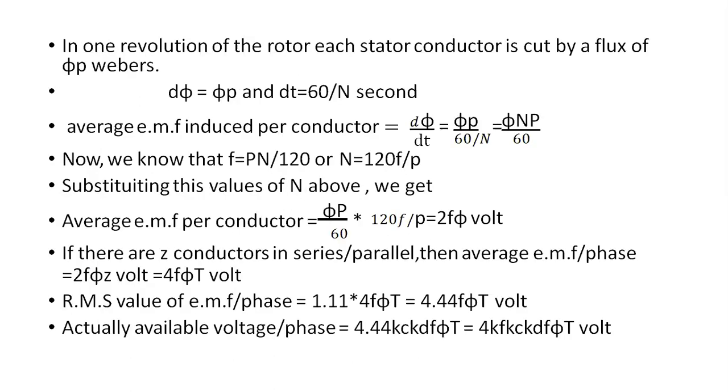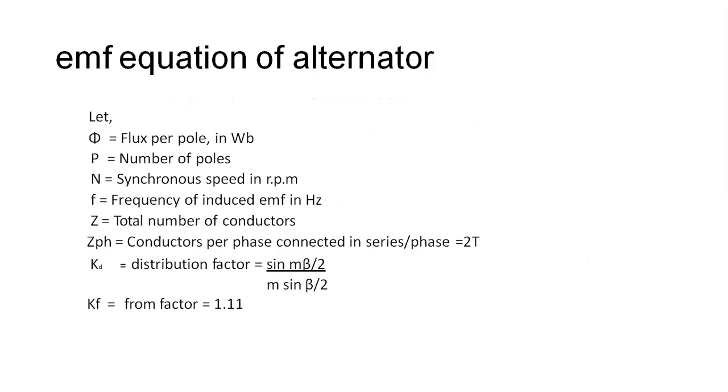Now, in one revolution, each stator conductor cuts a flux of phi P, where phi is the flux and P is the number of poles. So the total flux cut in one rotation is phi P. The change of flux is dphi equal to phi P, and the time dt is 60 by N, where N is the speed in RPM, rotations per minute.